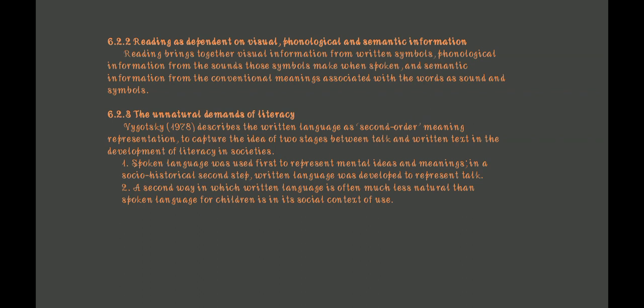Vygotsky, 1978, describes written language as second-order meaning representation to capture the idea of two stages between told and written text in the development of literacy in societies.